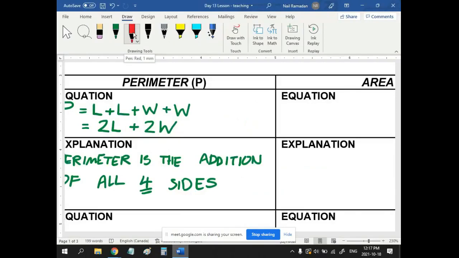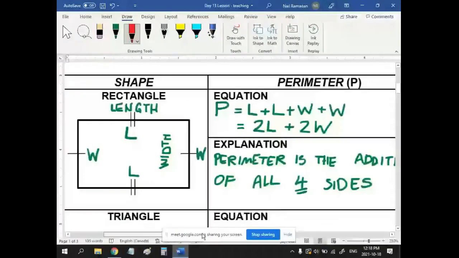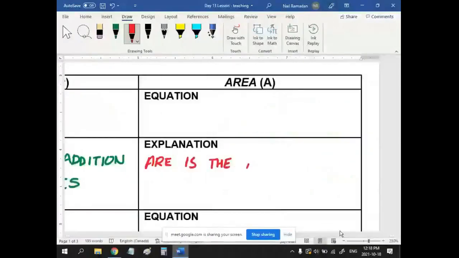You multiply them. So area is the multiplication of length and width.